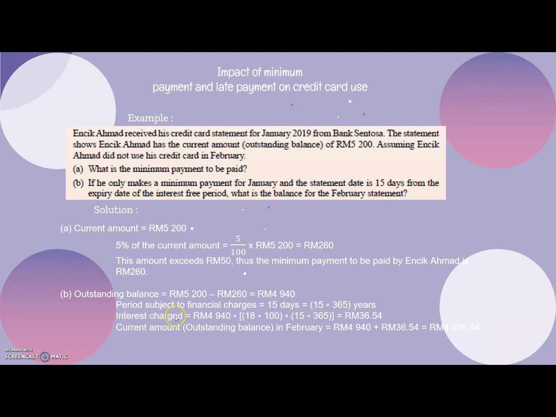And then the interest charge: 4,940 ringgit times (18 divided by 100) times 15 divided by 365 days equals RM36.54. So the current amount outstanding balance in February is 4,940 ringgit plus 36.54 equals RM4,976.54.